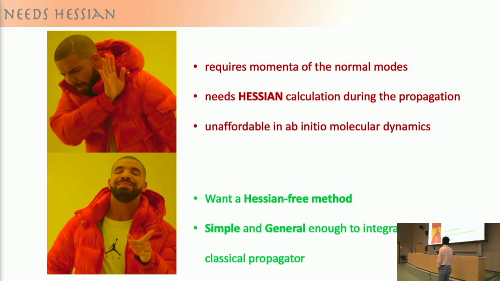And certainly, we don't want to do that because I cannot afford Hessian calculation in my ab initio molecular dynamics trajectories, right? So I want a Hessian-free method, simple. I always work with simple things, right? Simple and general enough so that I can integrate it with any classical trajectory propagator.